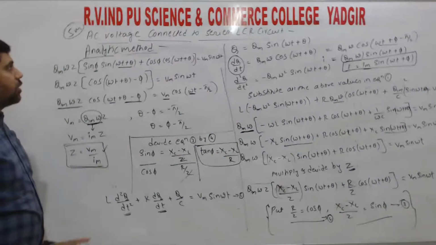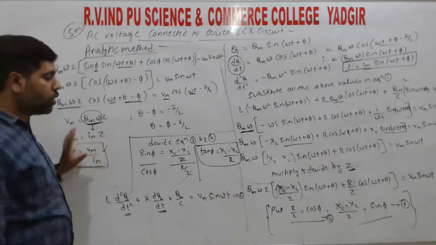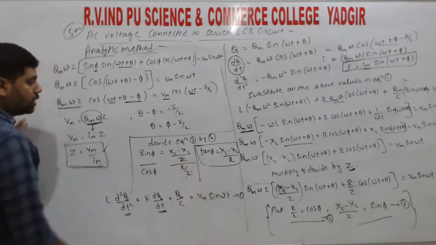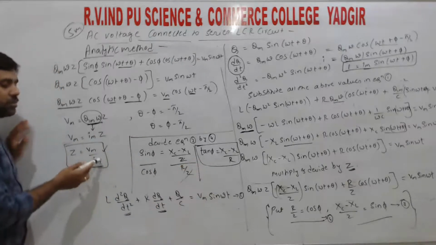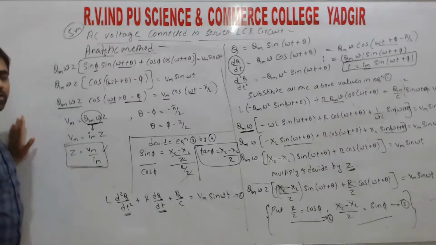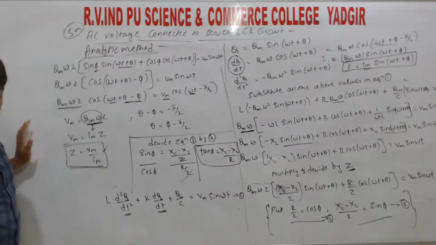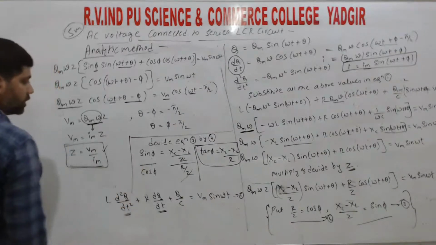So this is about the series LCR circuit. In problems, for the phase angle and impedance, the relation is Z = square root of R squared plus (Xc minus Xl) whole squared. That is very important.